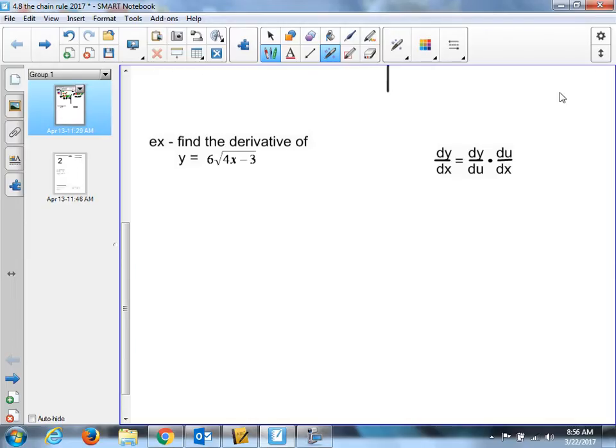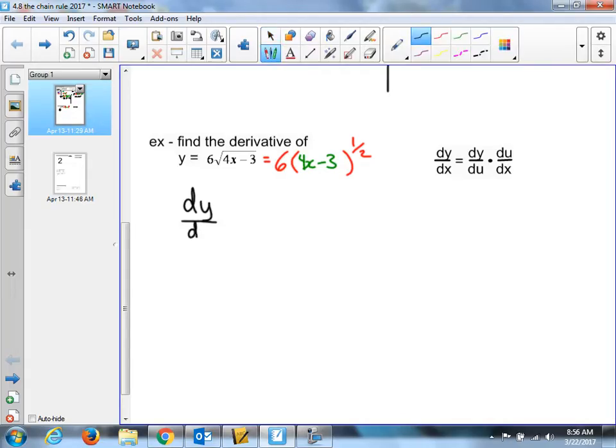So, in this particular case, I'll color code things again. What's my outer function? 6 something square root, right? Yeah. Think of it that way. No, you don't need to use different pencils, but my inner function is the 4x minus 3, right? Composition, composite functions. Now, when I do this, dy by dx doesn't mean which rule or which form of the rule you're using.